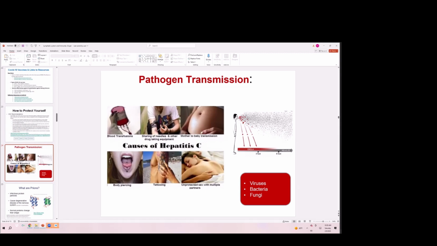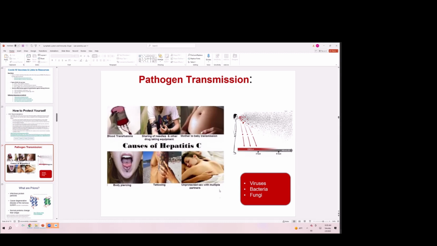Tattoo parlors, in the process, if they use things that are not, again, sterile, you could have transmission that way. When you have intercourse, body fluids, you could again have transmission that way. So these transmissions would involve things like viruses and bacteria.